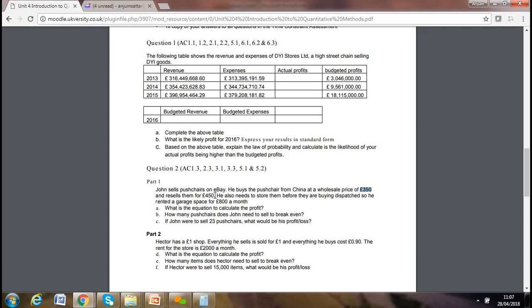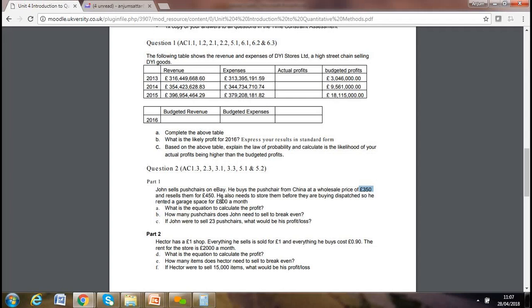The equation for profit is simply your sales revenue minus your cost, which is 350, and minus your 800 as well. So that will give us profit. We can use it when we sell 23 chairs: 23 times 450, then minus our cost and minus our rent, and we'll get the profit.